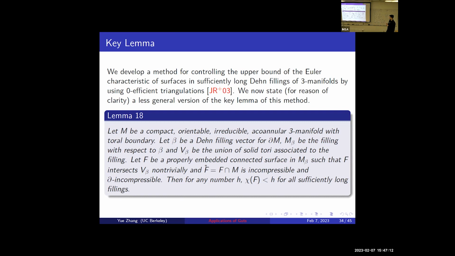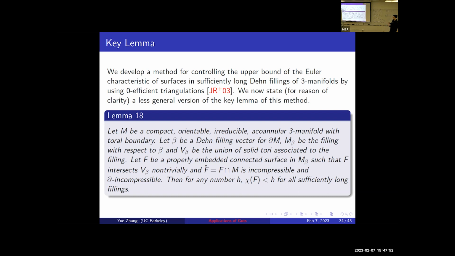And we let F be a properly embedded surface in M(beta), the resulting manifold from Dehn filling, such that F intersects B(beta) non-trivially, but we don't require it to intersect every component, just one component of B(beta). Then you can consider F circle, which is the intersection of F and the original manifold M. We require it to be incompressible and boundary incompressible.